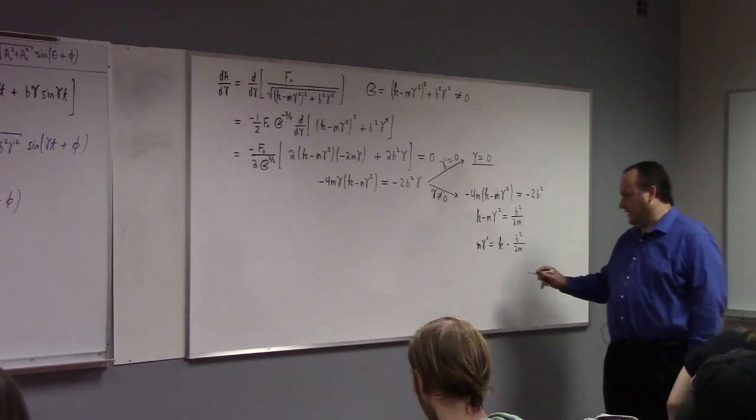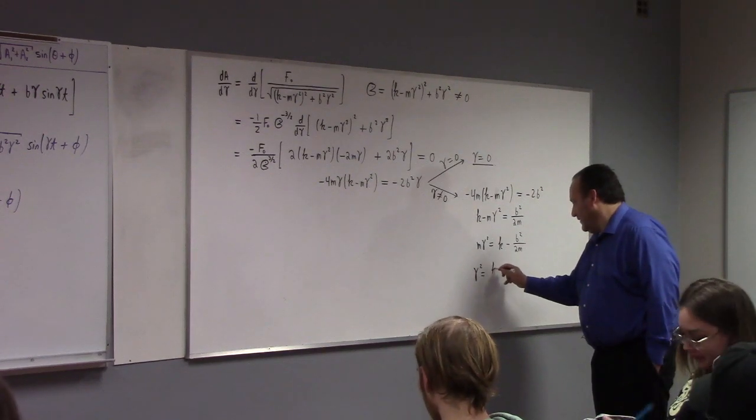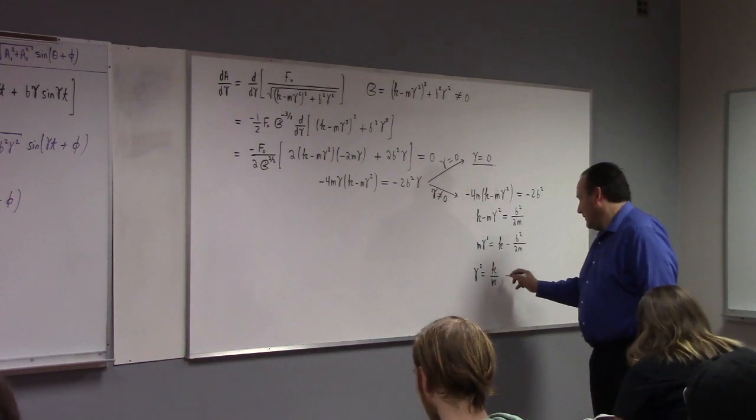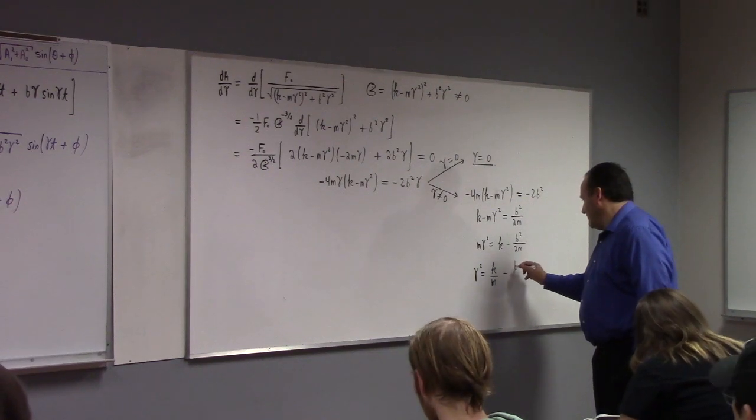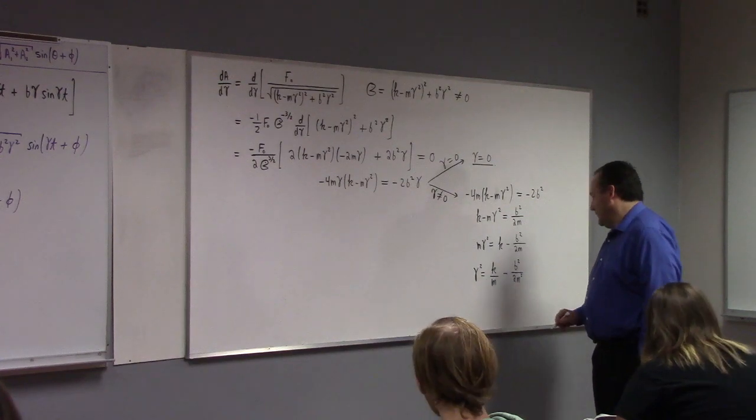Then if I divide by m, I get gamma squared is equal to k over m minus b squared over 2m squared.